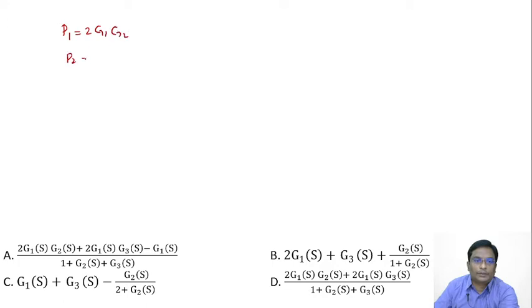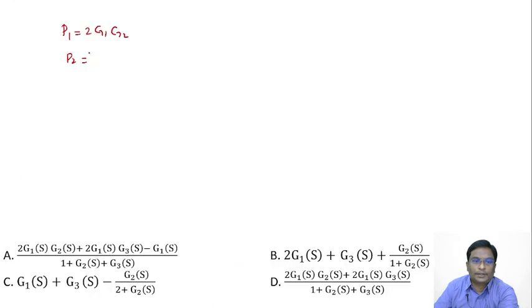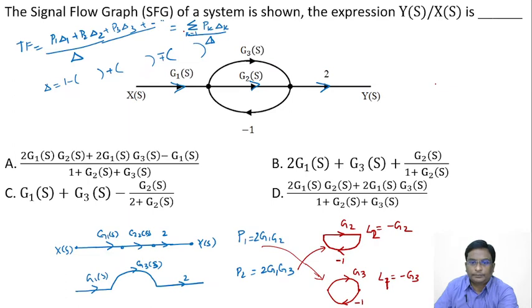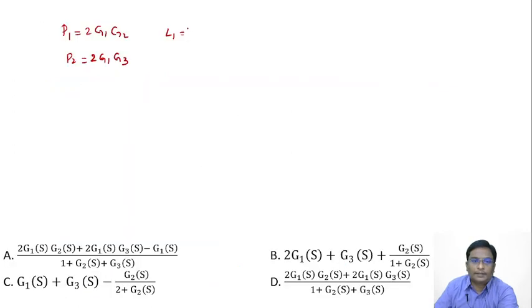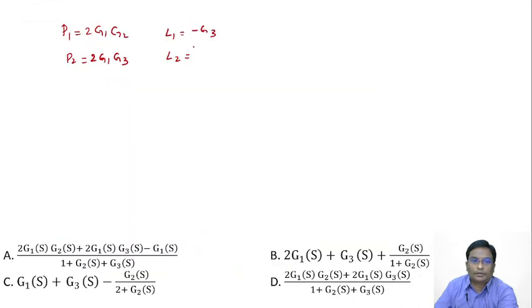P2 is 2 times G1 G3. What is L1 we got here? The individual loops: minus G2, and L2 is minus G3. These are the individual loops.